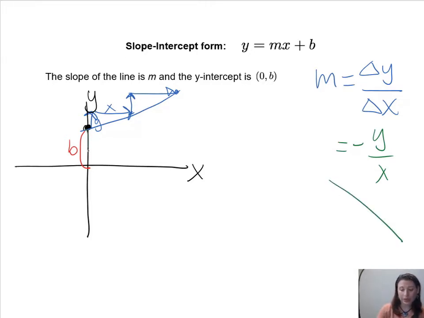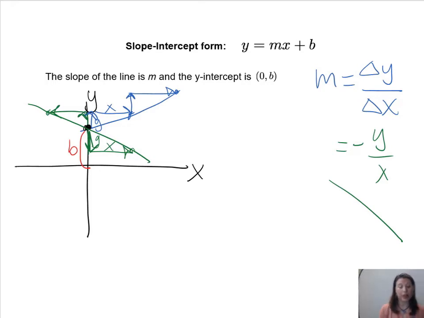So we go down y some, and then to the right still for x. Or you could go up still for y, but to the left for x. Both of these points still make that negative style line.